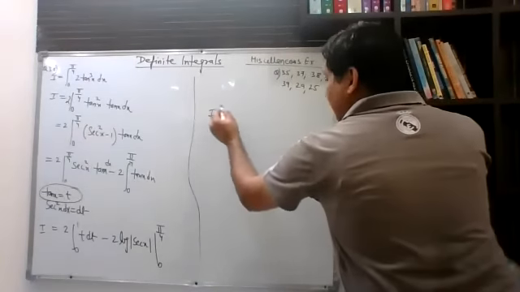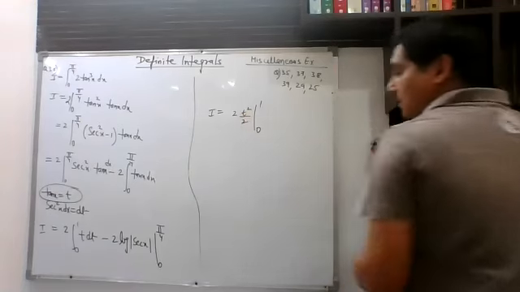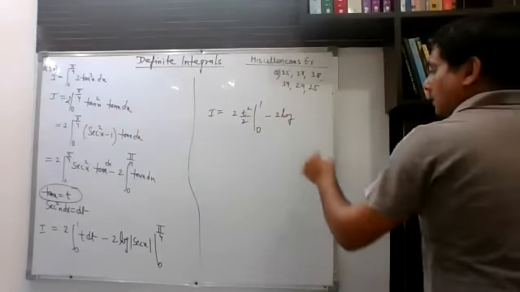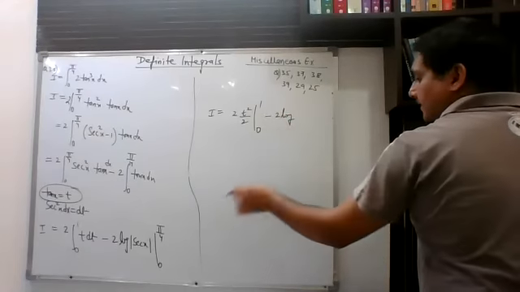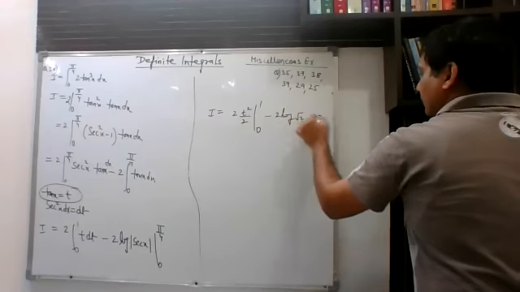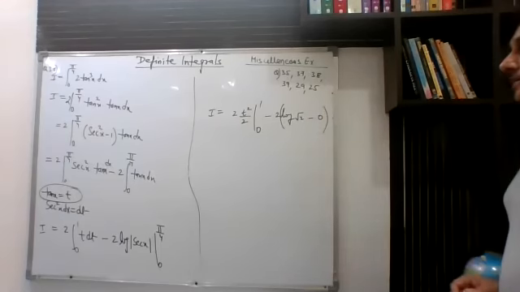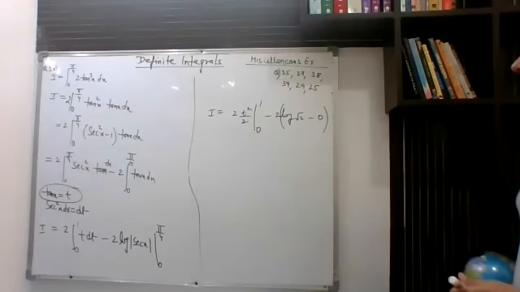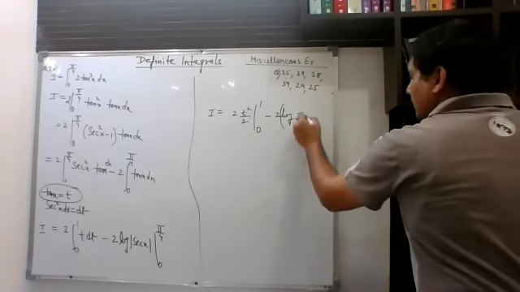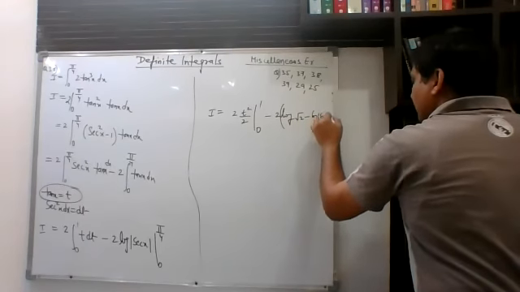So this can be written as 2 t square upon 2, limits running from 0 to 1, minus 2 log sec 45. You know that sec 45 is root 2. The next one will become 0, because sec 0 is 1 and log 1 is 0. Let me write the complete steps: this will be log sec 0.